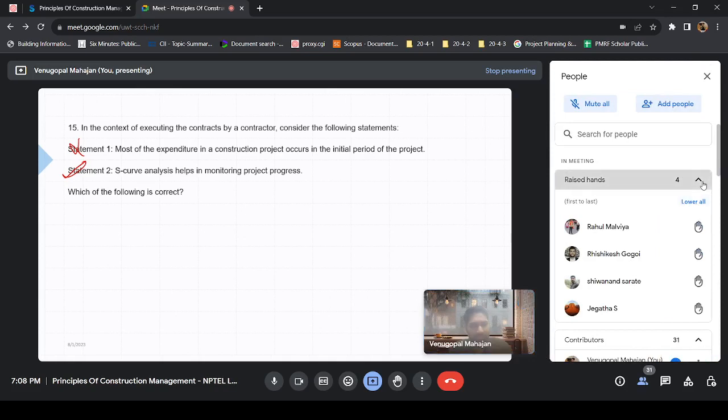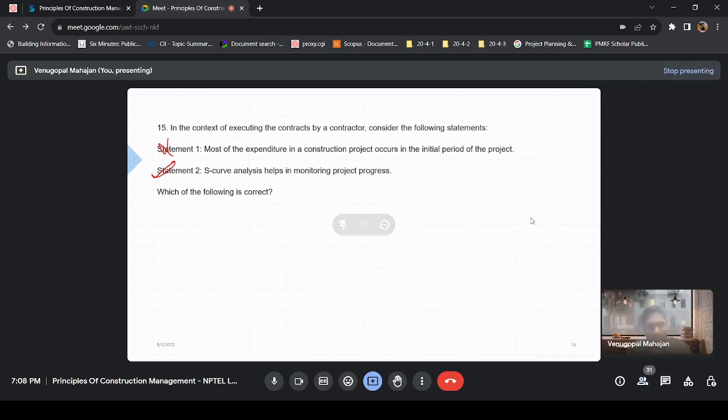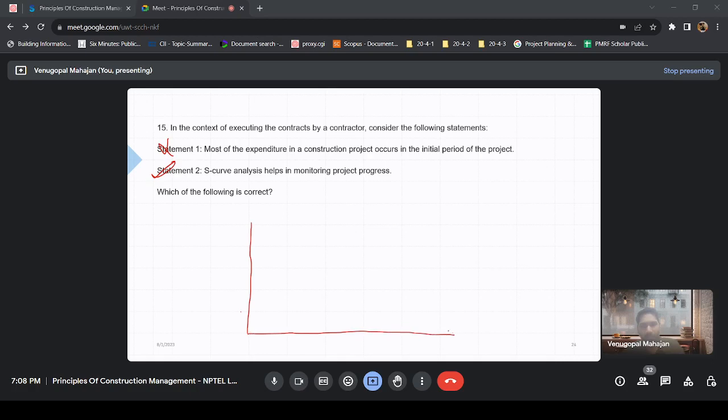I think it's related to the progress of the project. Like in the beginning, the cost incurred will be less, and then the middle period will be more, and it will gradually settle down at the end of the project. Okay. So let's try to build it.